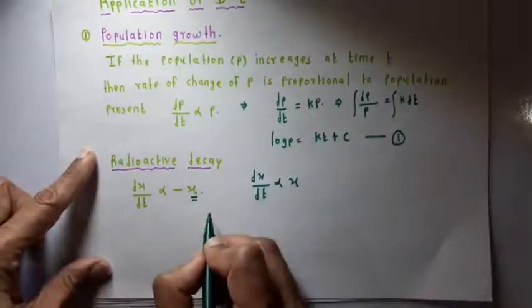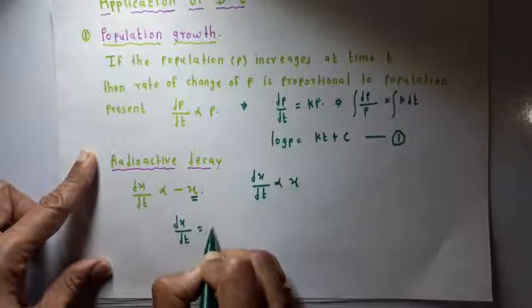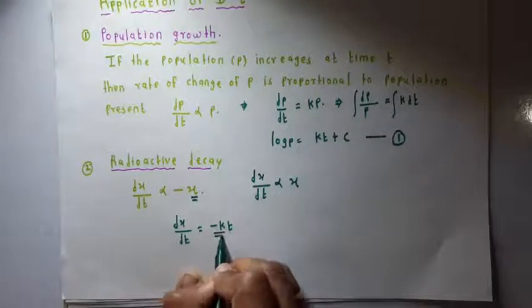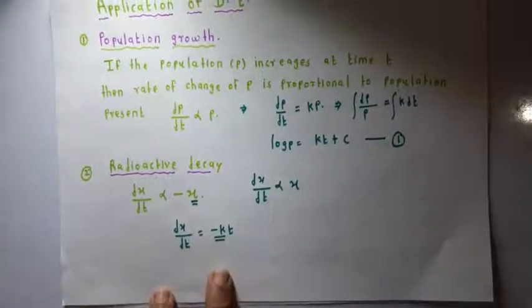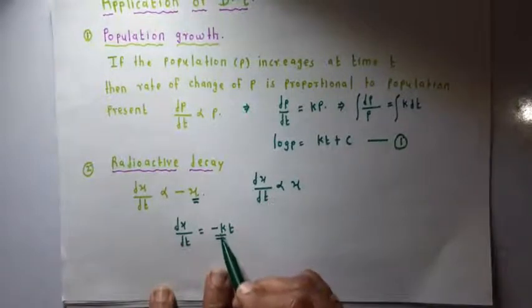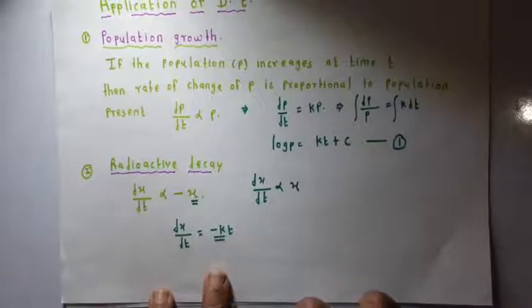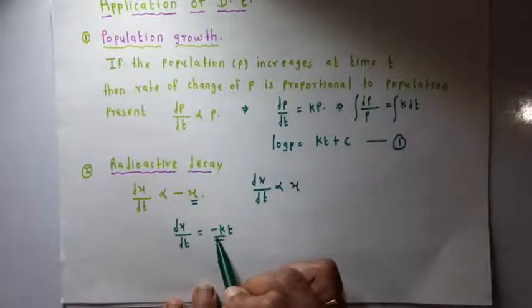So dx by dt equals minus k x. Why have we taken this negative proportionality? K is the proportionality constant, but we have considered it negative because, as the substance is radioactive, its mass is continuously decreasing with time. Decreasing means negative, and that's why we have considered it negative.